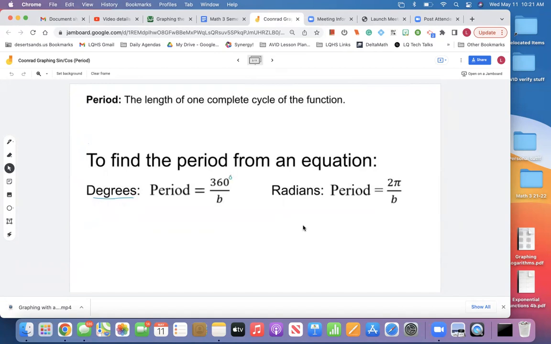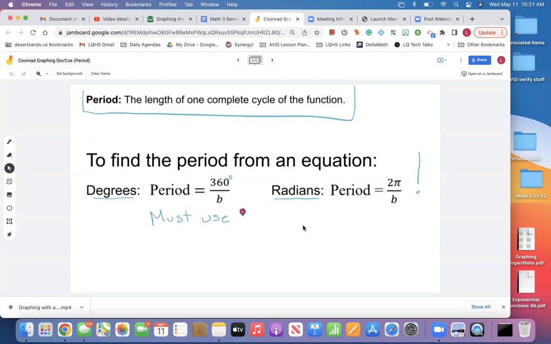The B is not how long the period is, the B is going to help us determine how long the period is. If we are in radians, then you take 2 pi divided by the B. That is how you find the period. You must use one of these formulas.